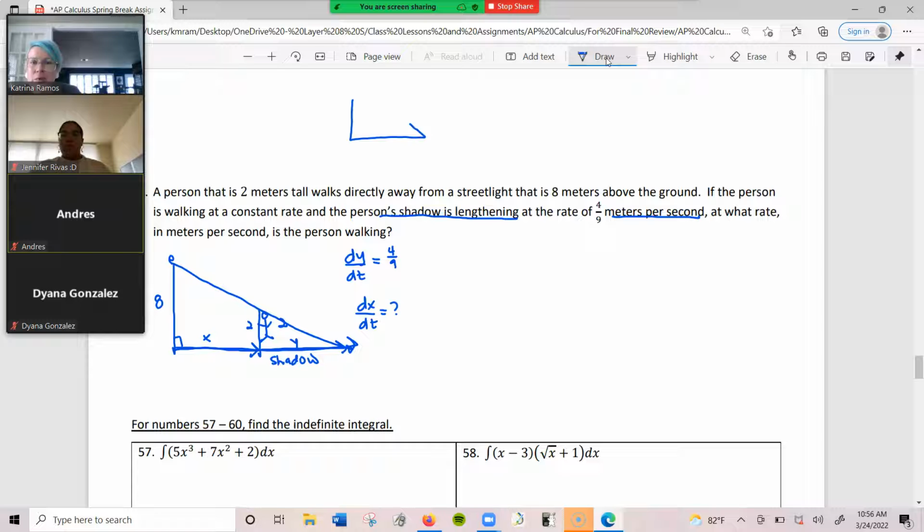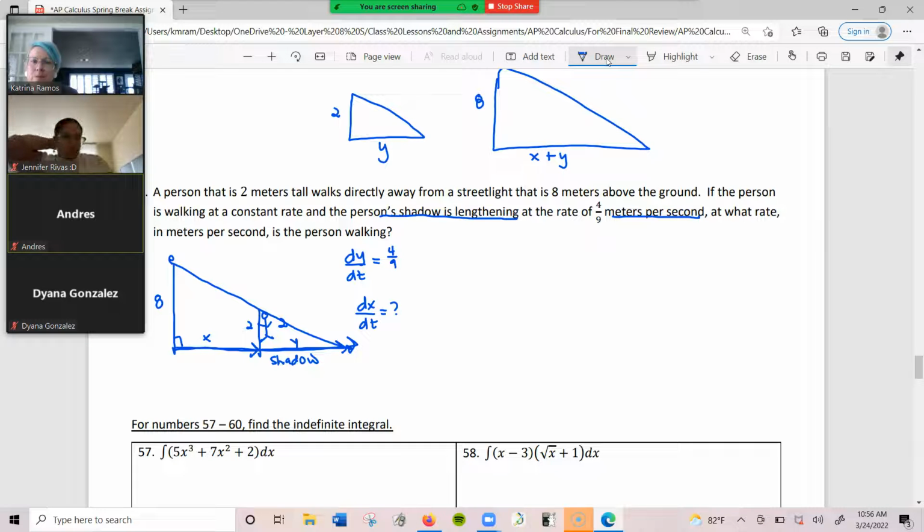For example, if this is my small one, this is 2, and this is y. And then my big one, this is the 8, and this entire length is x and y, so it would be x plus y.